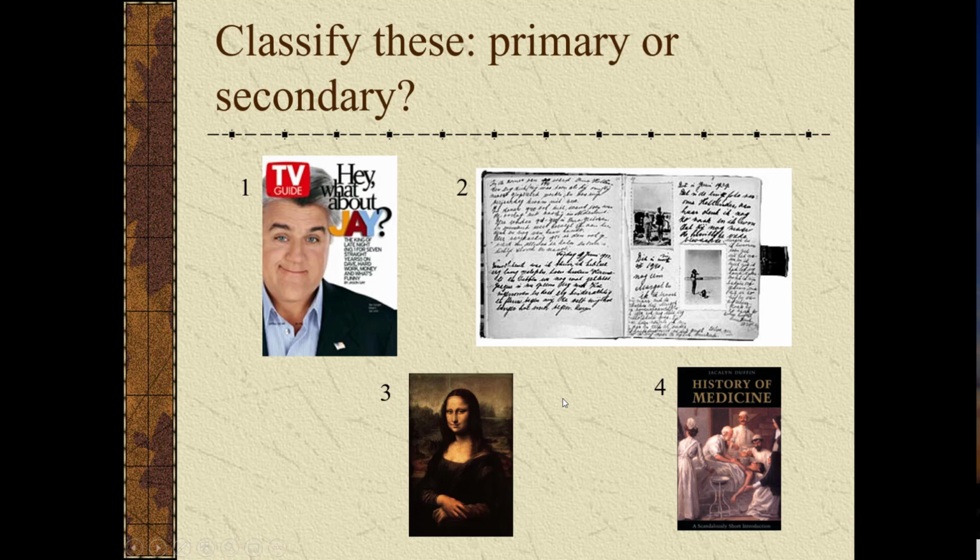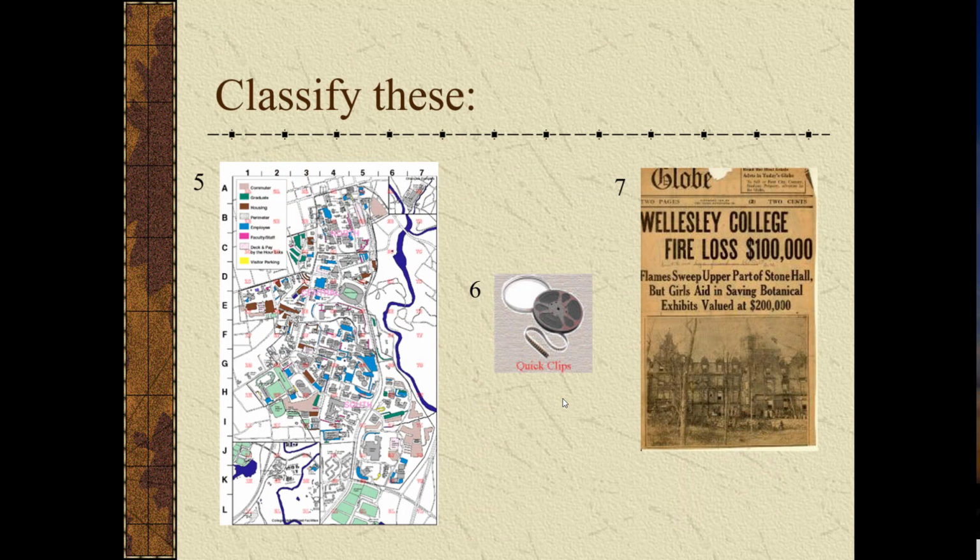Number 3 is a painting. Number 4 is a written history. Number 5 is a map. Number 6 would be a film.